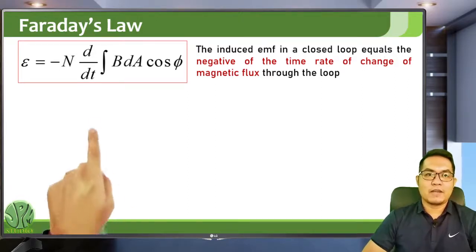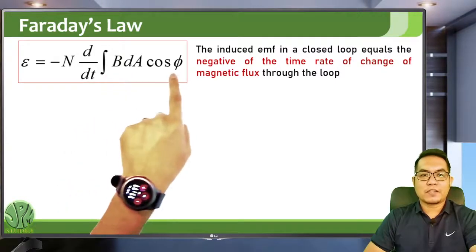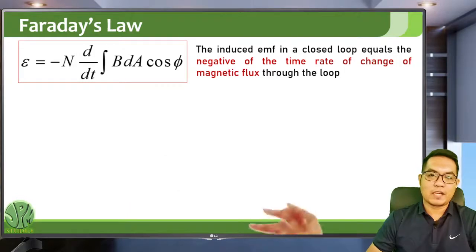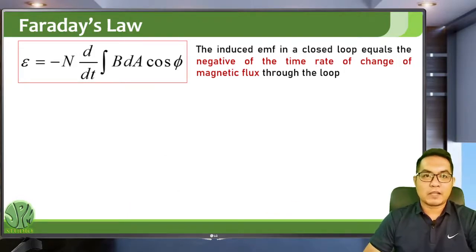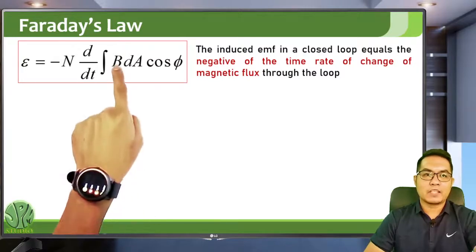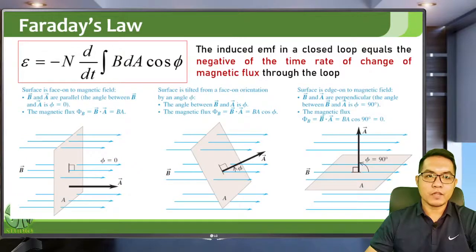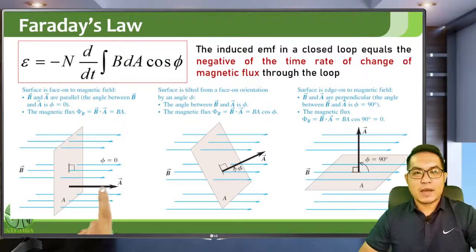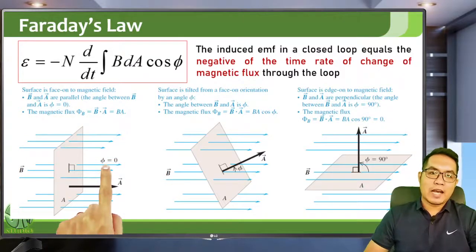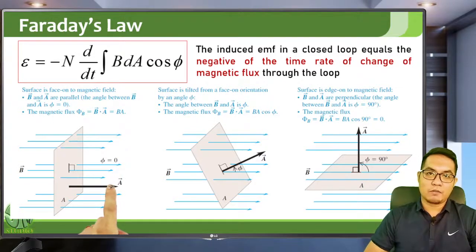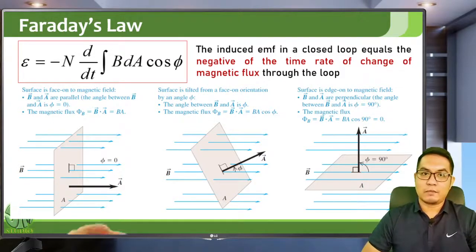This is our general definition of the magnetic flux, the integral of B dA cosine phi. But again, if your magnetic field doesn't depend on the area and your angle doesn't depend on the area, then this will just reduce to BA cosine phi. The flux is maximum if the angle between the magnetic field and the area vector is 0, or both are pointing in the parallel direction.